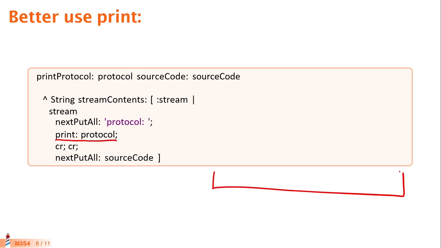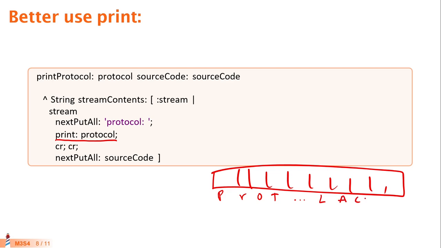Meaning, okay, you have a stream, you write protocol, it is placed in that, and then you ask the object protocol, hey, object protocol, can you print yourself on the stream? On that stream, please write yourself in my basket. Okay, and it will write accessing, for example, here.